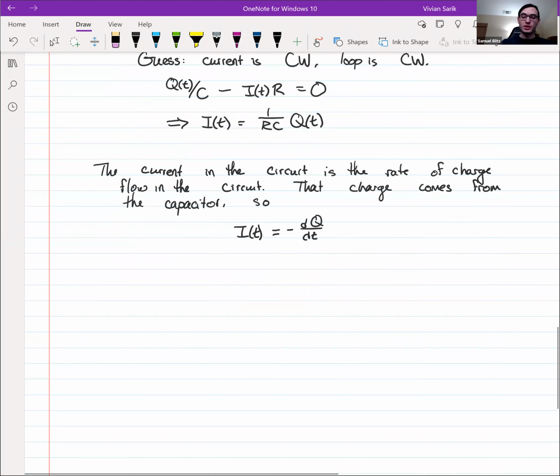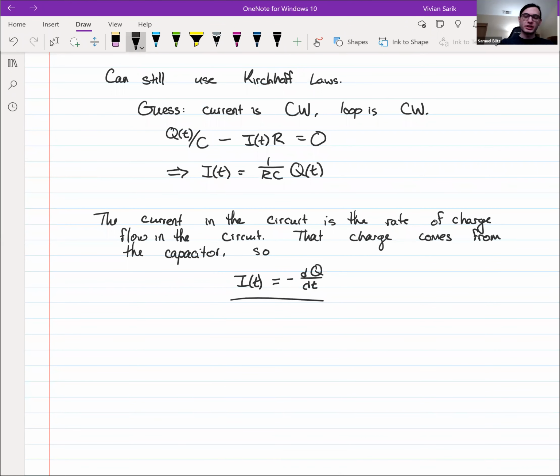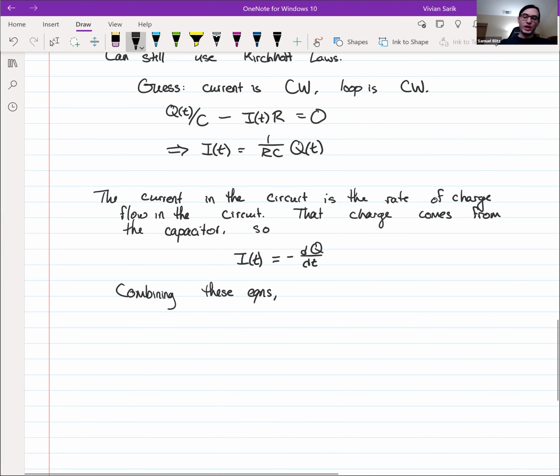But anyway, we now have two equations. They both relate the charge to the current, so we can combine these equations. I'm just going to substitute I. We get minus dq/dt.